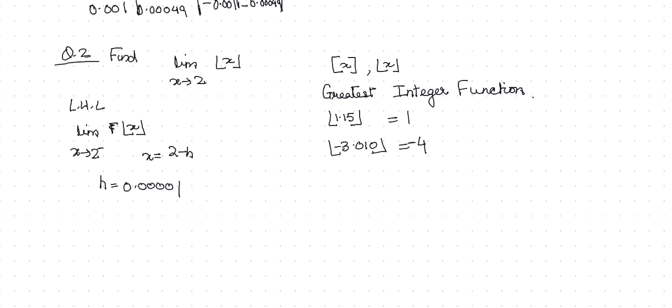So 2 minus h will be very close to 2, but still smaller than 2. So the limit x tends to 2 minus is equal to the limit h tends to 0 of the greatest integer of 2 minus h, and this is equal to 1 when h approaches 0.